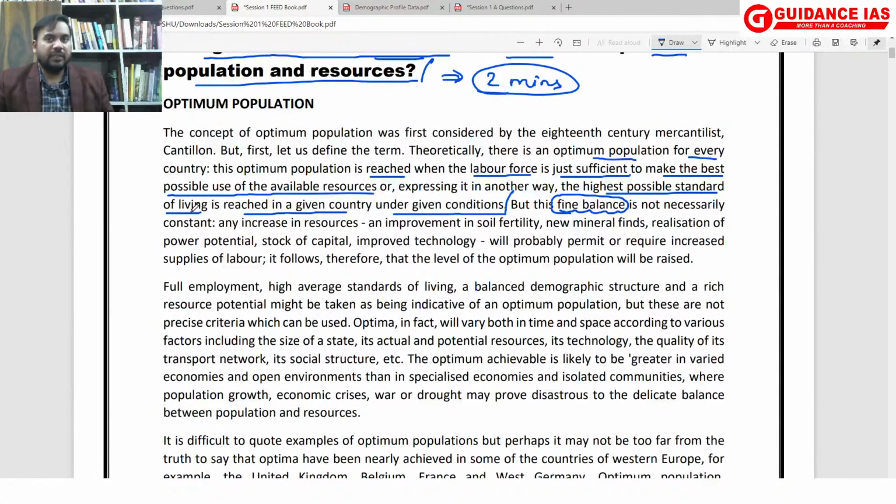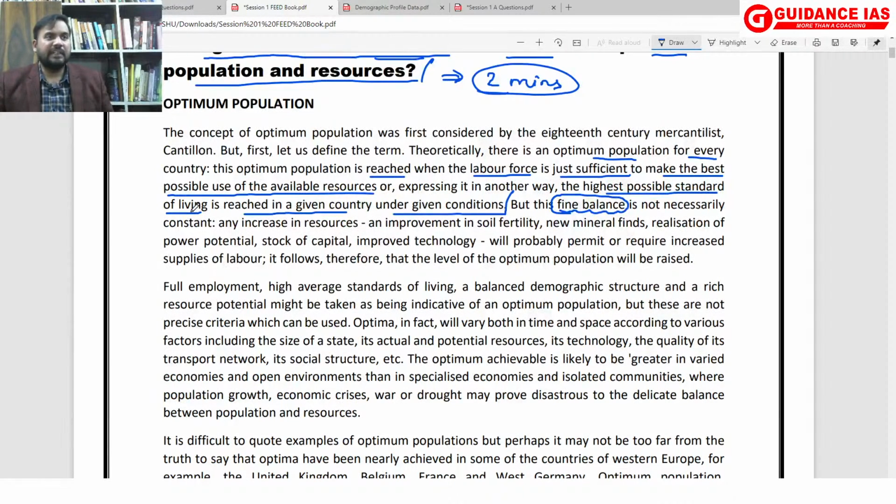And as a student, when you read it, you'll feel that this is also important, this is also important. So you will have a tendency to read more, and if you are making notes by yourself, you'll feel like writing this also, writing this also.